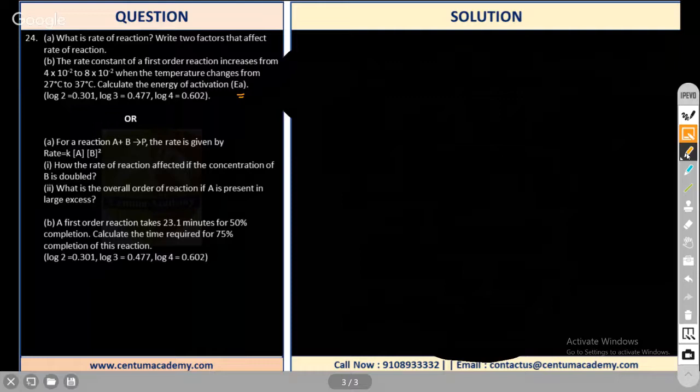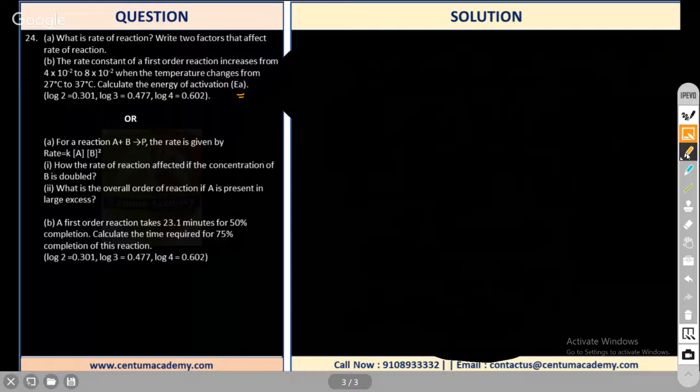However, A is present in the rate expression, but since A is in large amount, any change in A would not affect the order of the reaction. In this case, the rate only depends on the concentration of B, which is raised to the power 2. So the order of the reaction becomes 2. This kind of reaction we call a pseudo second order reaction.